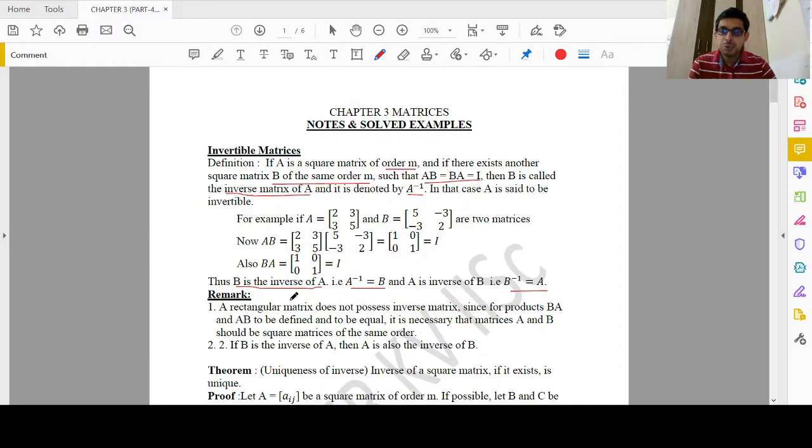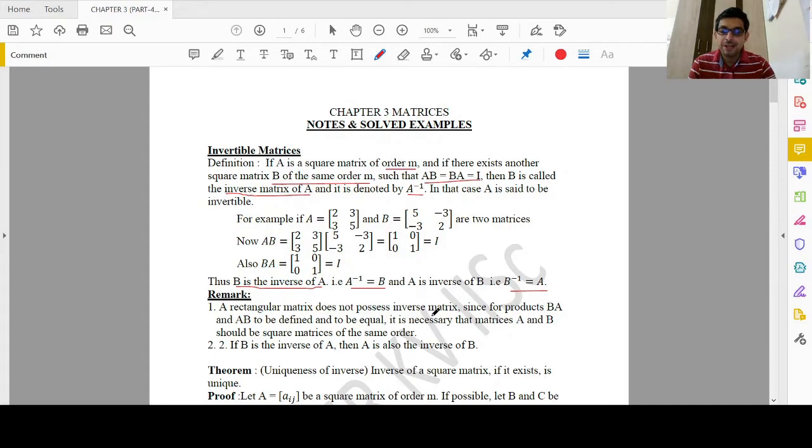There are some points to be noted. First one, a rectangular matrix does not possess an inverse matrix. Since for products BA and AB to be defined and to be equal, it is necessary that matrices A and B should be square matrices of the same order. Because of this reason, a rectangular matrix does not possess an inverse matrix.